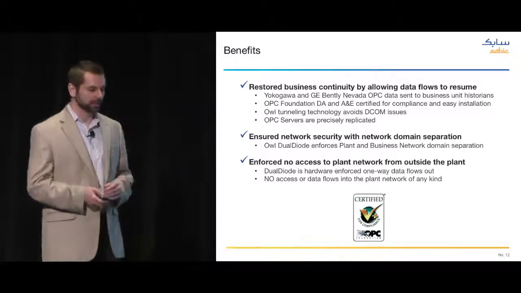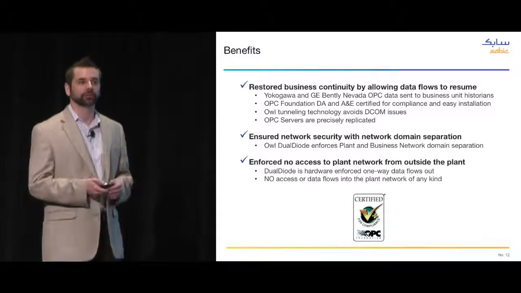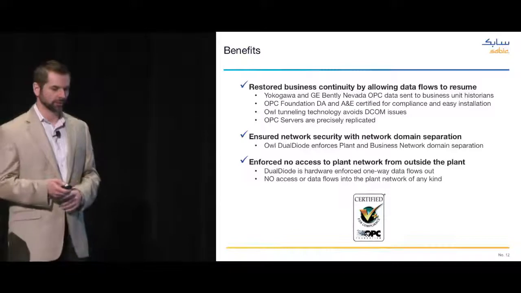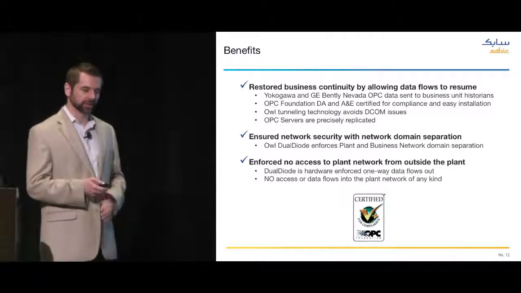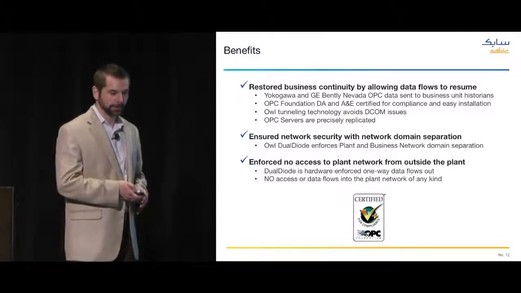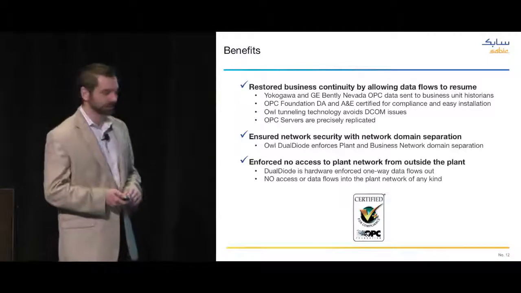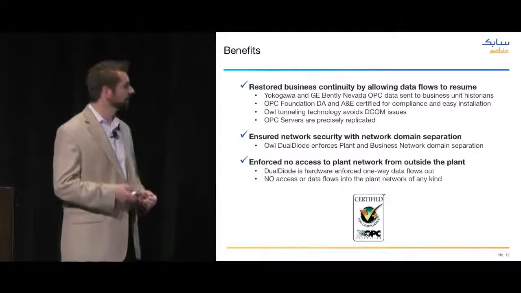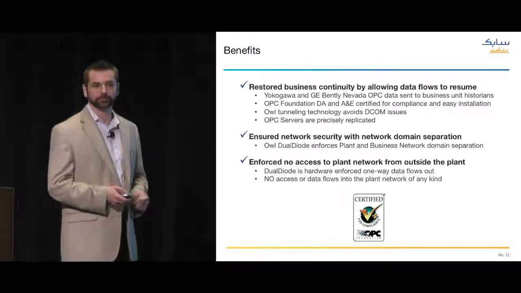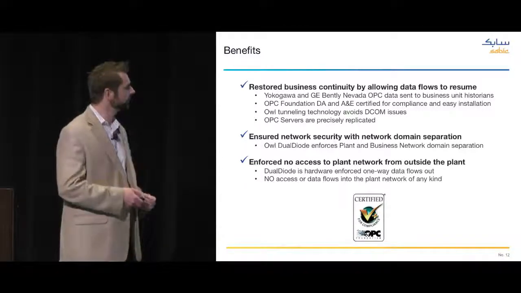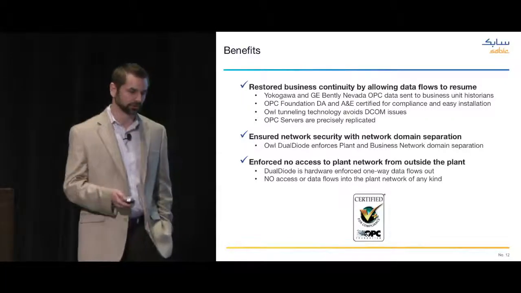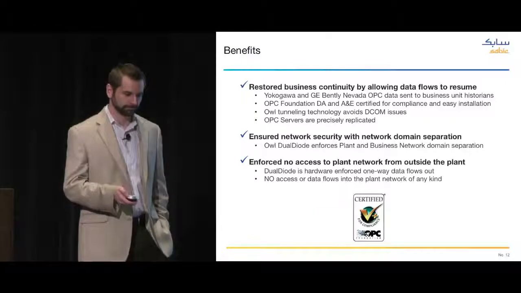We are actually able to separate the business network from the plant network in a way that is hardware enforced to ensure that no communications can get backwards. And we restored their business continuity and actually added a little additional functionality in that they were able to connect to their OPC servers on the business network in a totally replicated fashion.